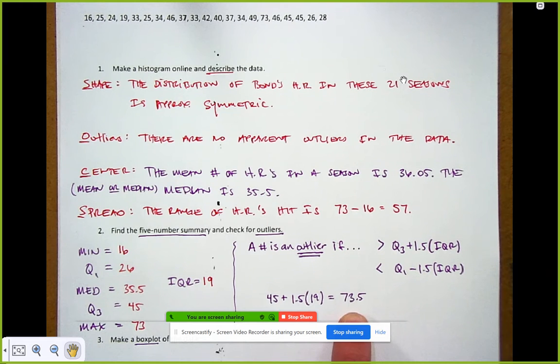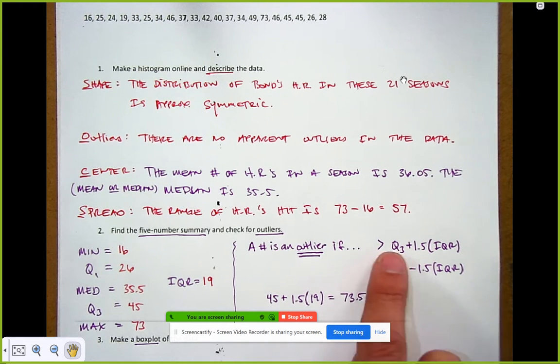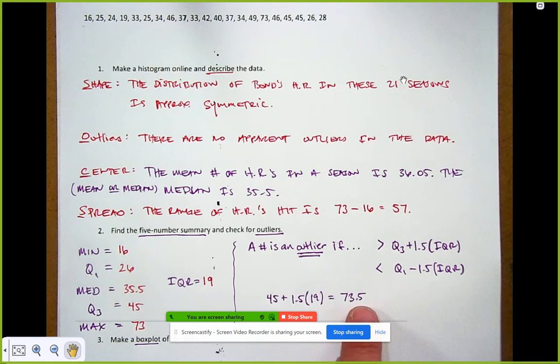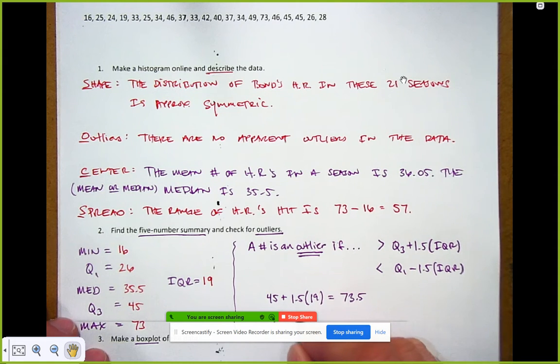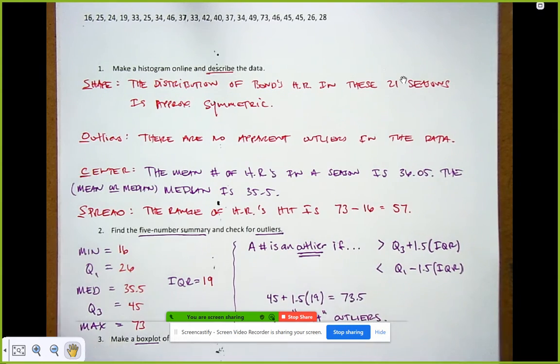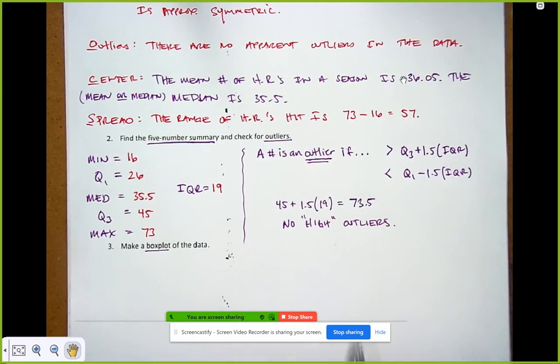Are there any values that are greater than 73.5? Wasn't our max number 73? And so there is not a season where he hit more than 73.5. So you would say no high outliers. Okay, we checked. There are no values in our data set that are bigger than that.